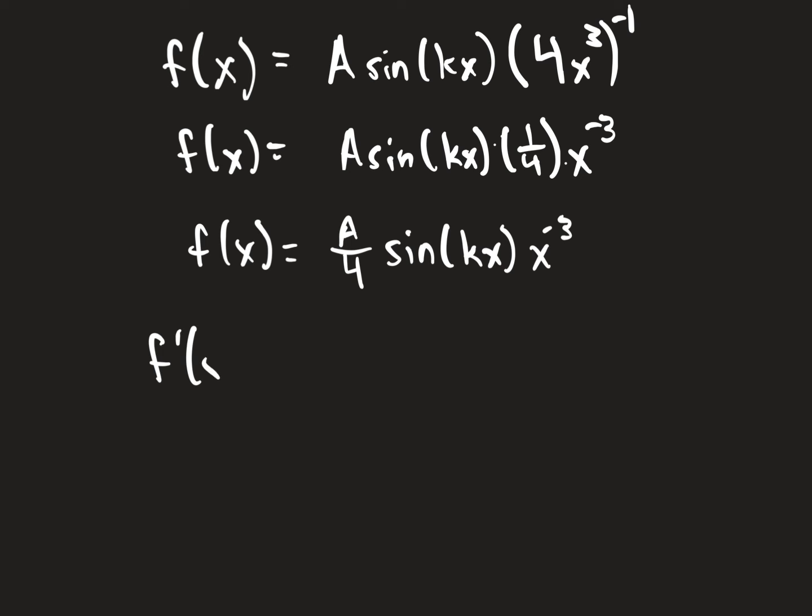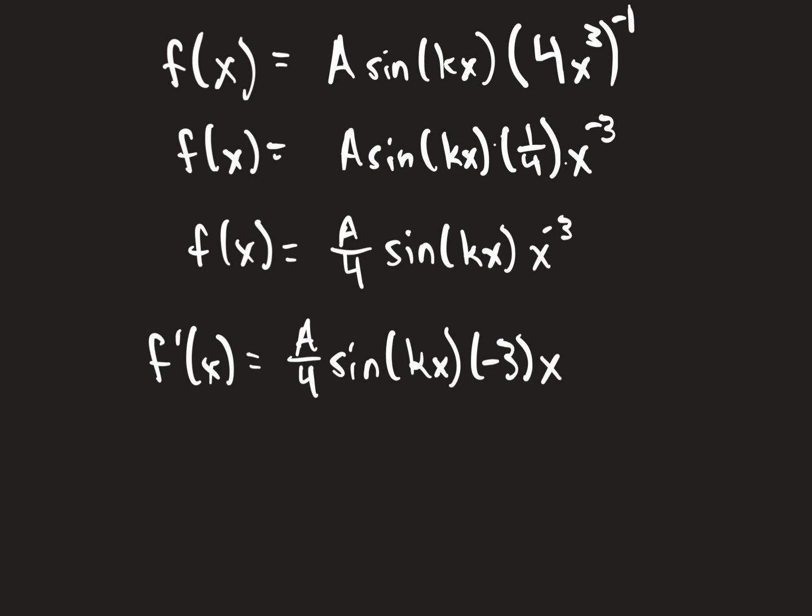F prime of x equals first, a over 4 times sine of kx, times the derivative of the second. What's the derivative of x to the -3? -3 times x to the -4. Okay.